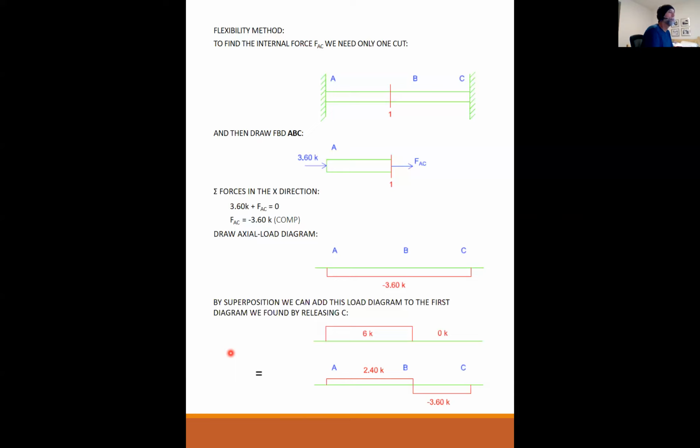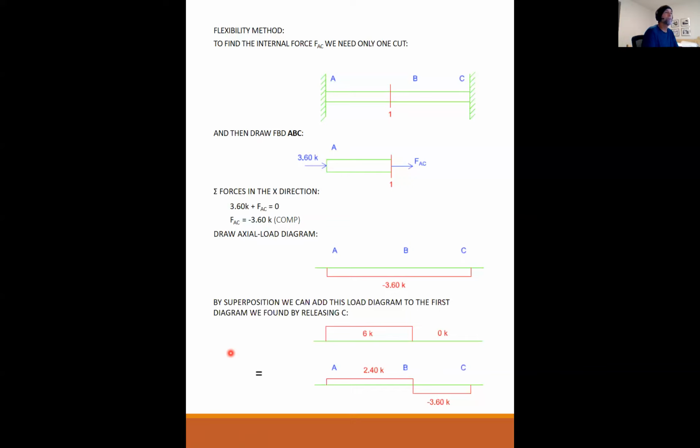Yep, a lot of steps. Which method do you prefer using? I'm sorry, Adriel, is there a problem that you can only use flexibility? Okay, you guys are all kind of asking on the same lines. The flexibility method or the compatibility method give you the same answer every time. So it is up to you.